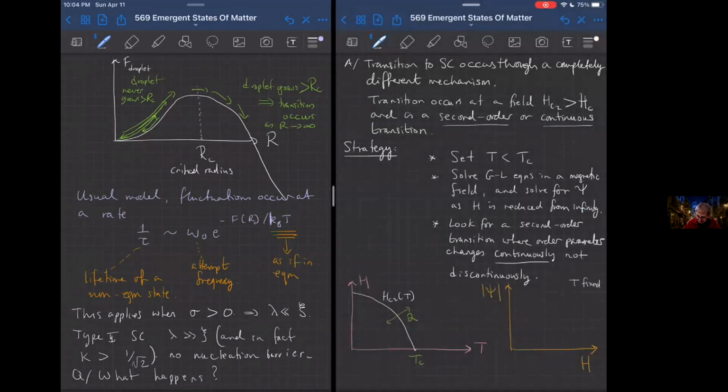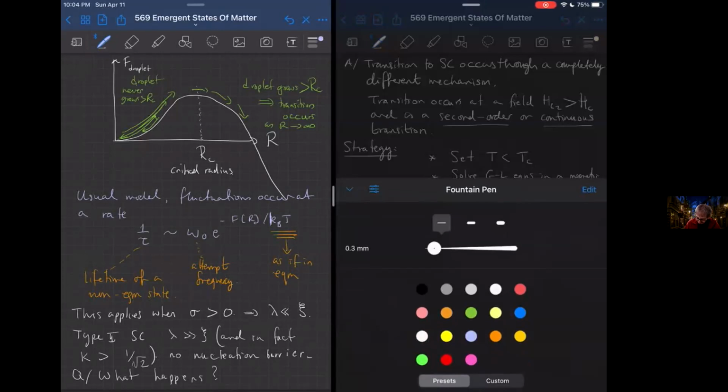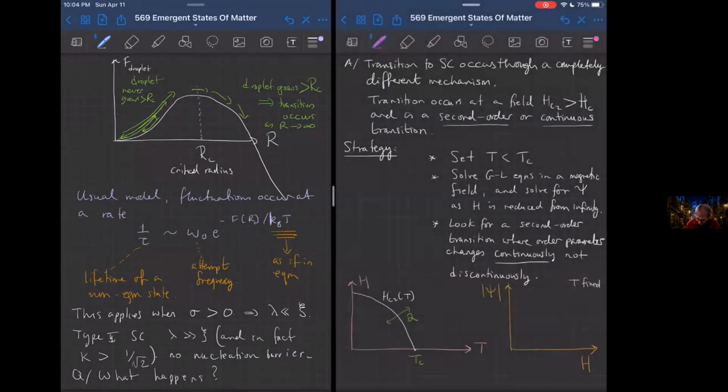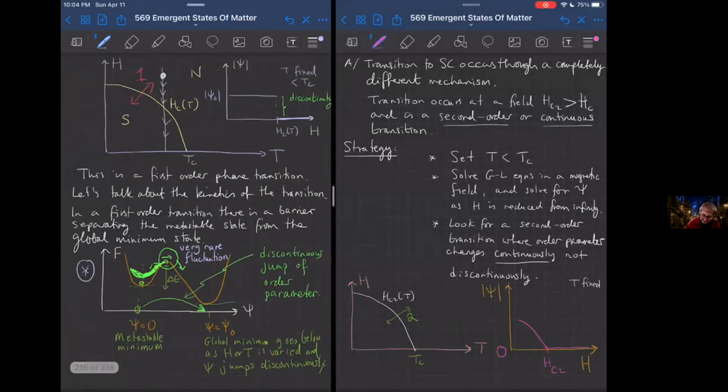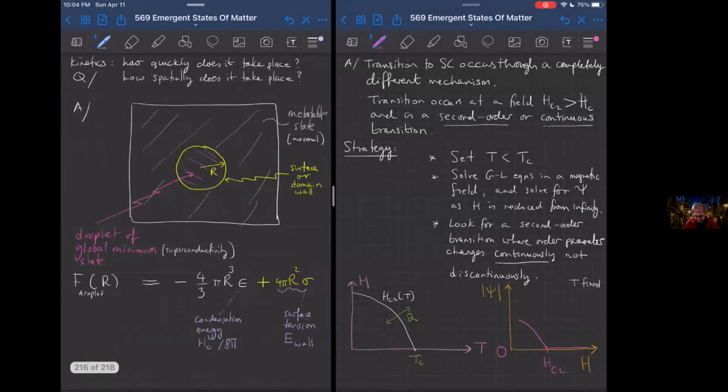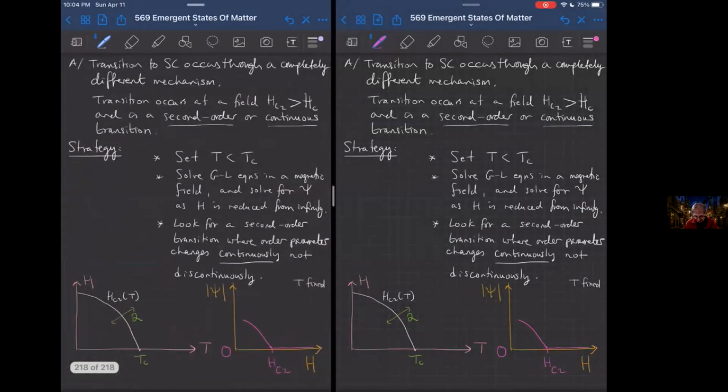And now what's going to happen is that as I get to HC2, the order parameter is going to go from 0 up in some way like this. And so this is in complete contrast with what we saw over here on the left blackboard, where there's a jump. So this is the picture that we are expecting.